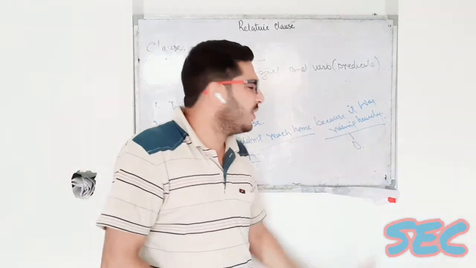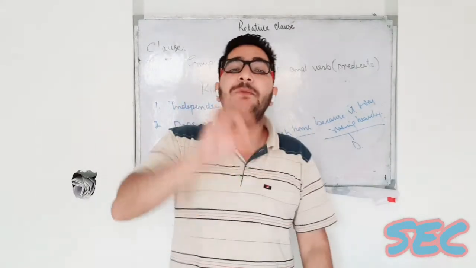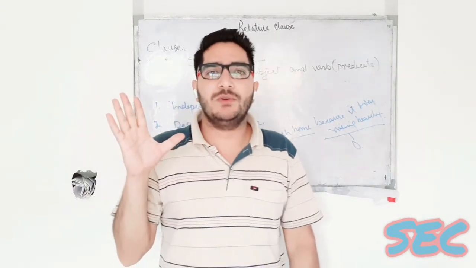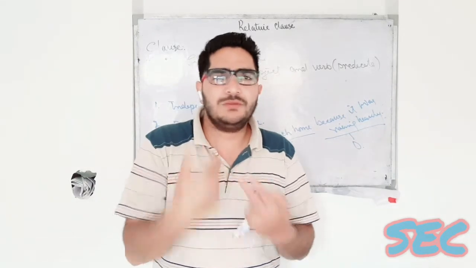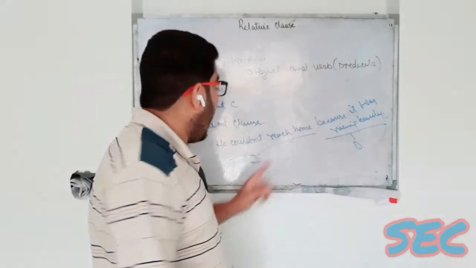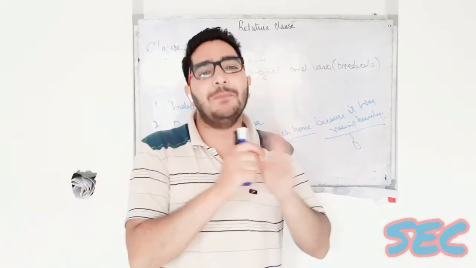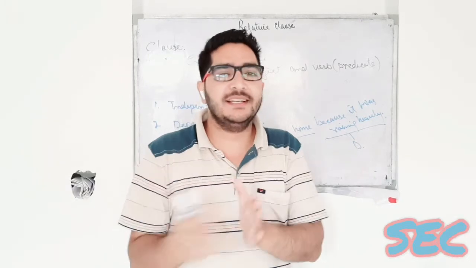If I only tell you, because it was raining heavily, what will you understand? Nothing. If I say, because it was raining heavily, I could not reach my home, now the sentence is complete.